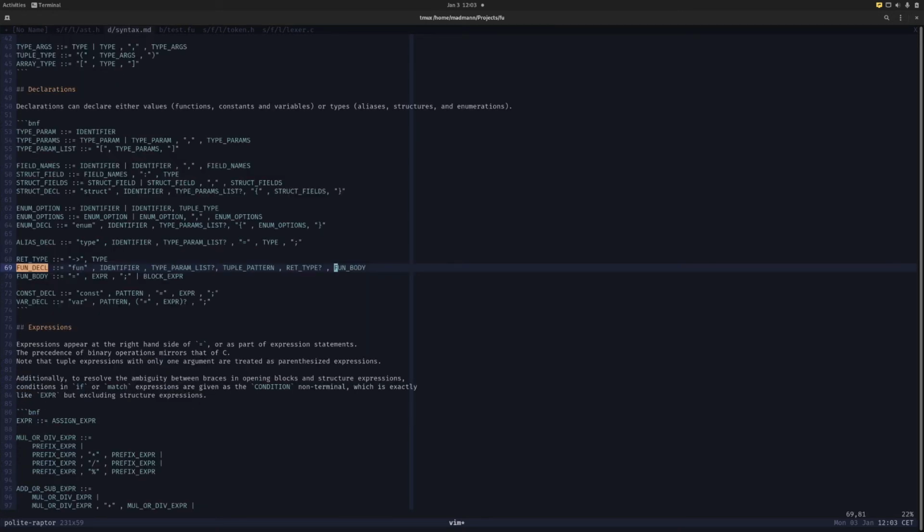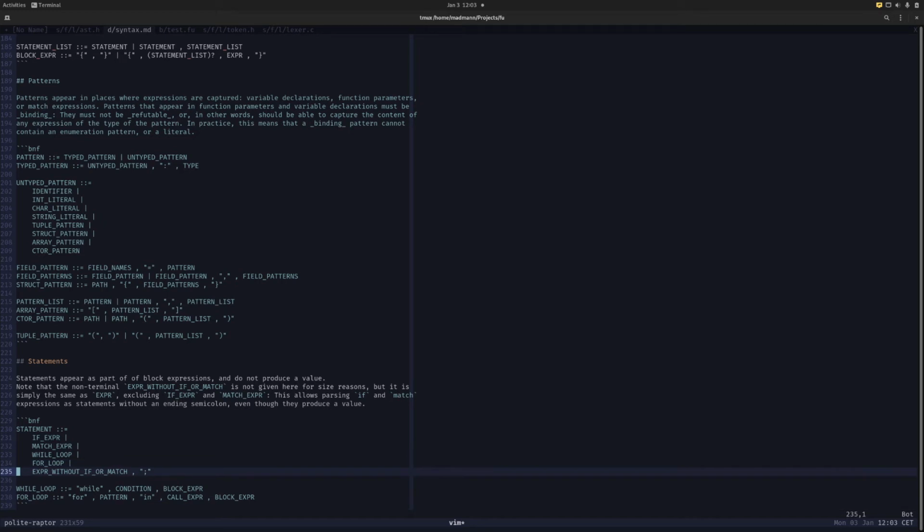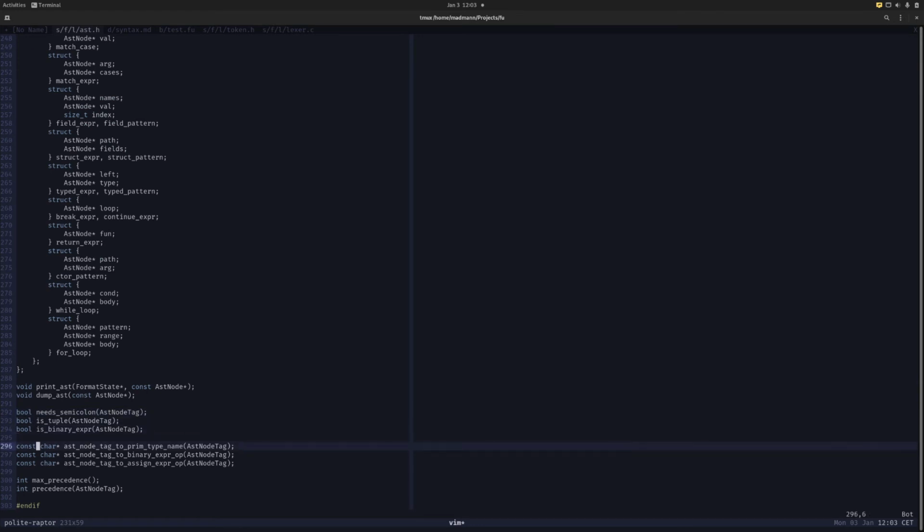Statements needing a semicolon are those here, expressions that are not if or match. And other properties like converting AST types or AST tags into primitive type names, such as integer, boolean, and stuff like that.